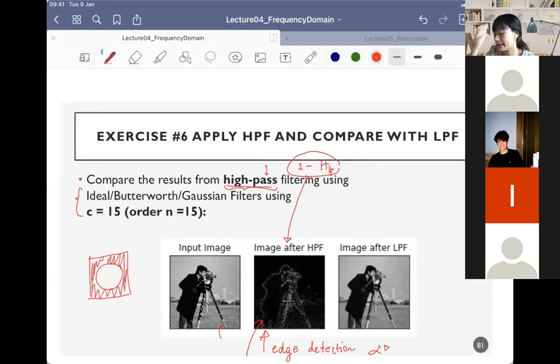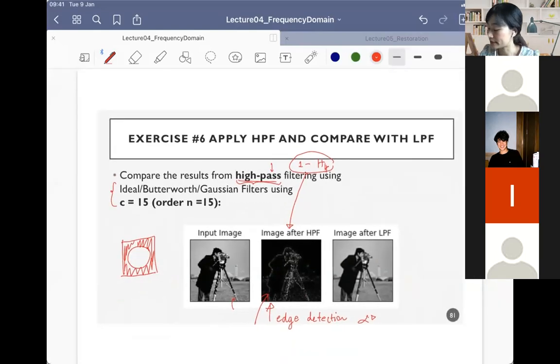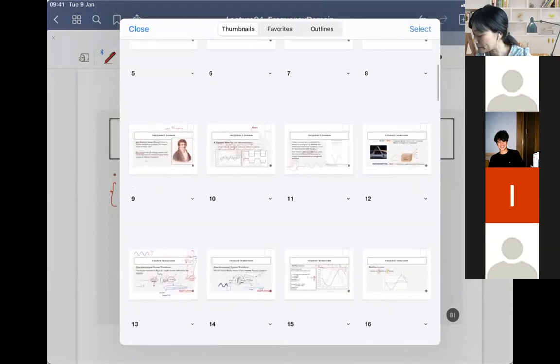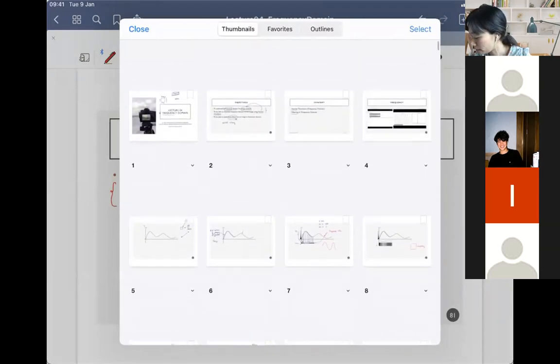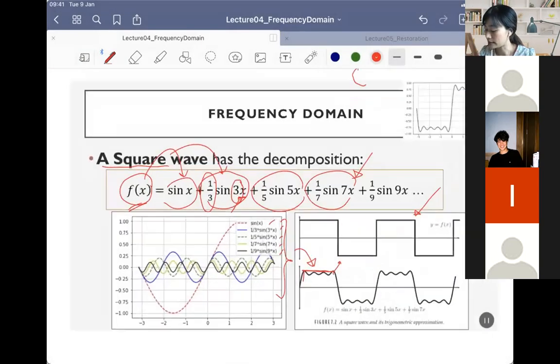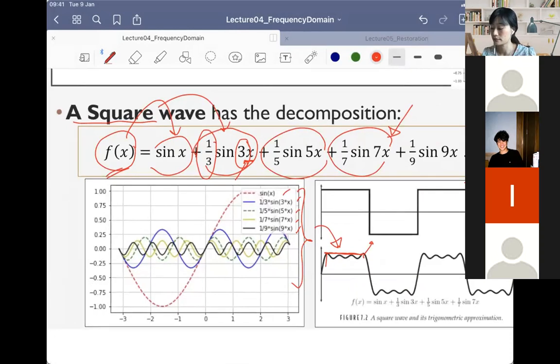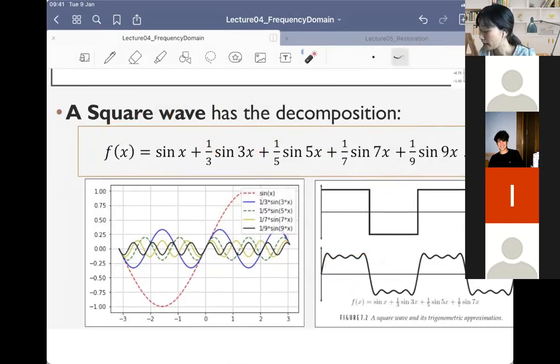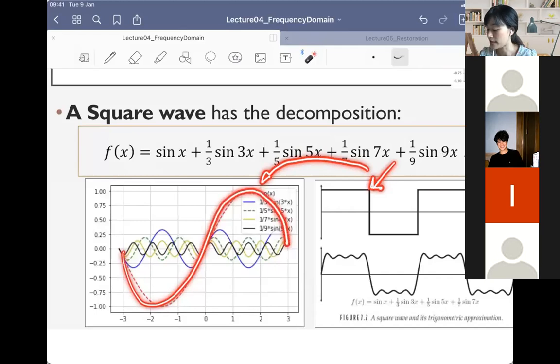If you can remember the example from, I think, the first week. If you take a look at this example, if you want to create a square wave like this, right? Let me remove everything now. If you want to create a square wave, it is actually a combination of some sinusoidals, some frequency.